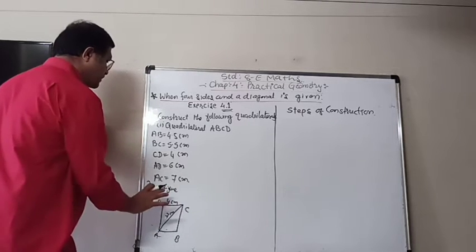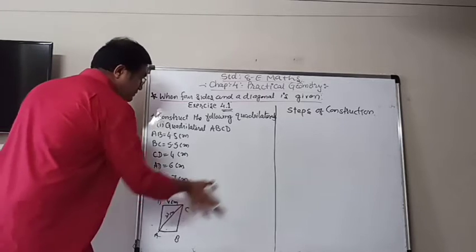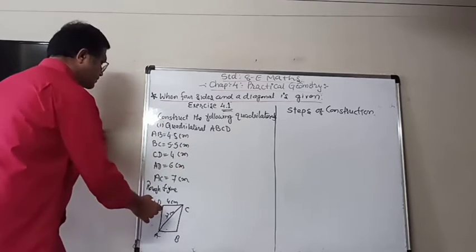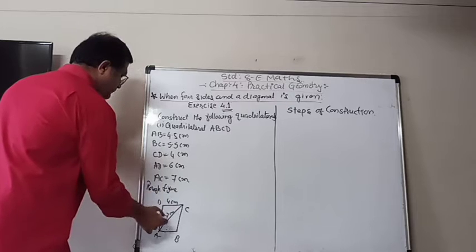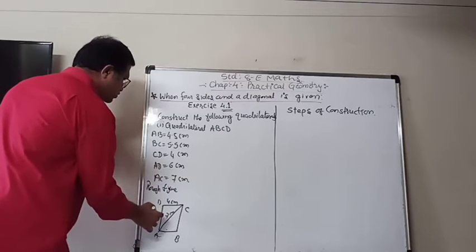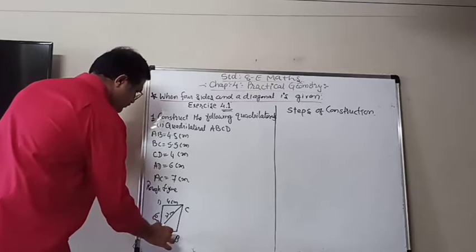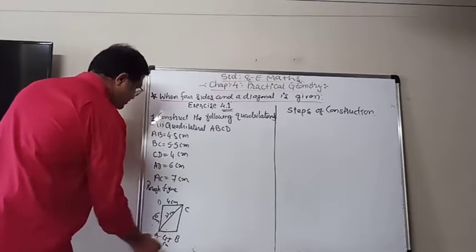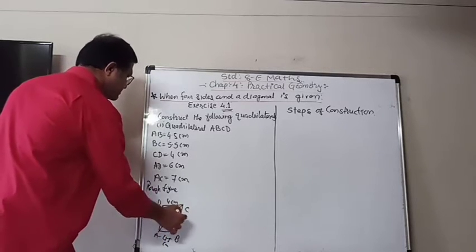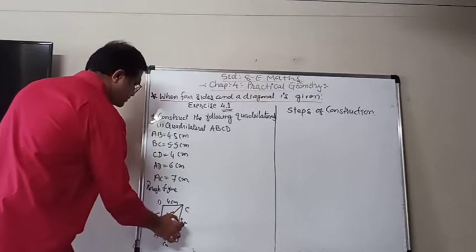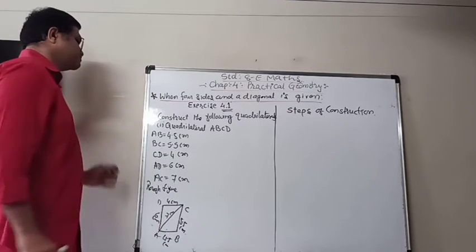It is only a rough figure, it need not be the same as what you are drawing, but approximately it will be like that. So AD is 6 centimeter, AB is 4.5 centimeter, and BC is 5.5 centimeter.